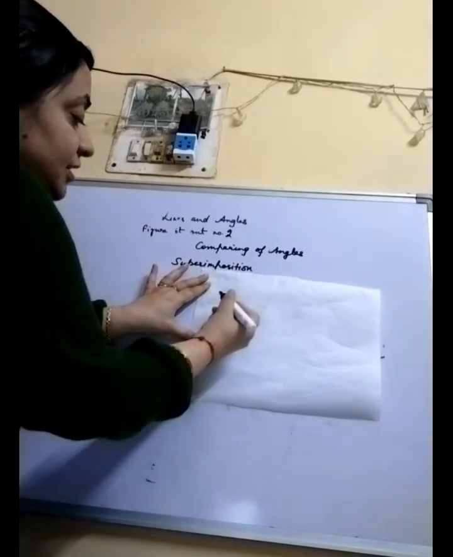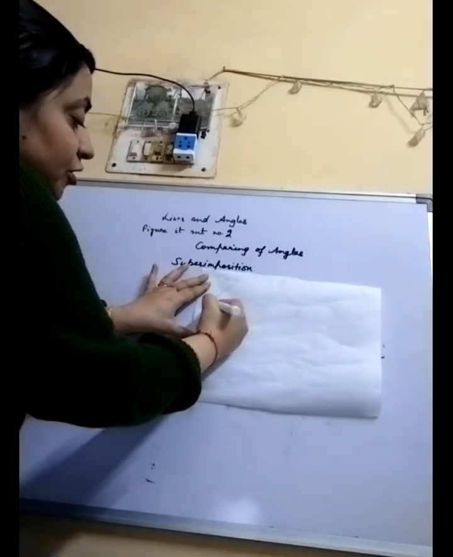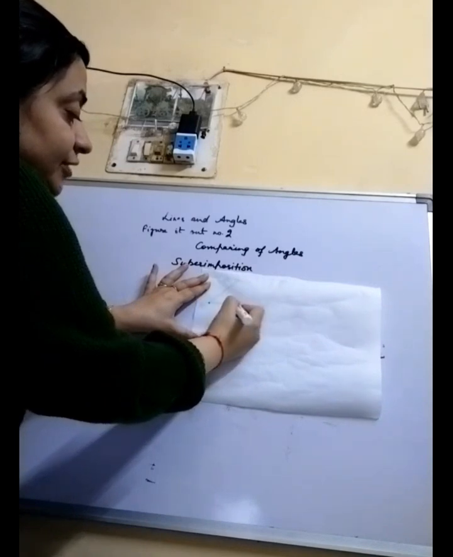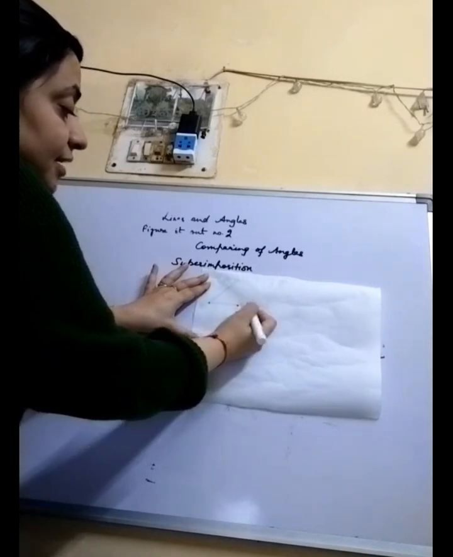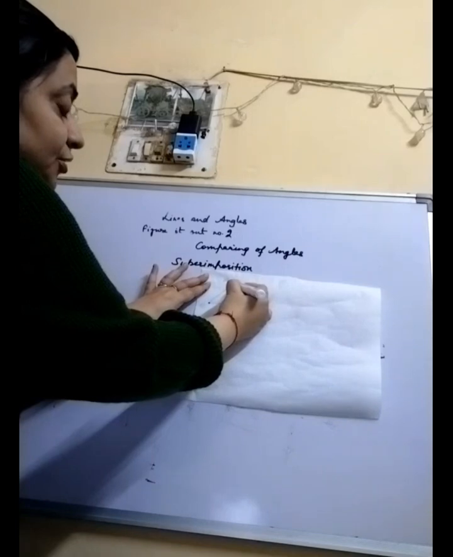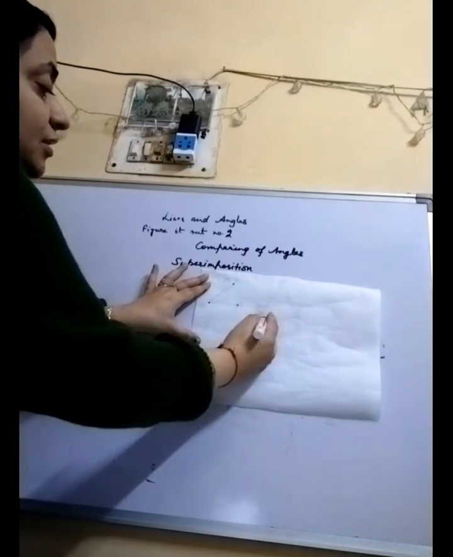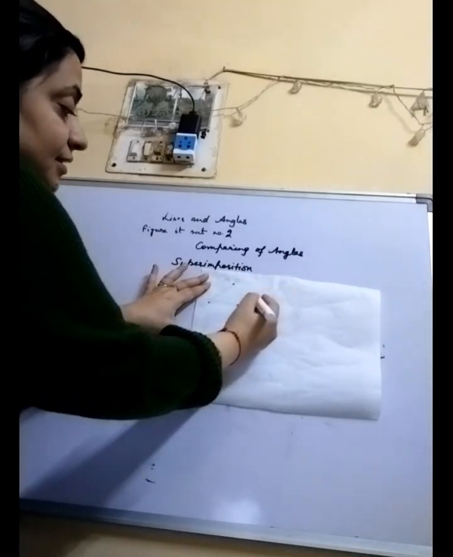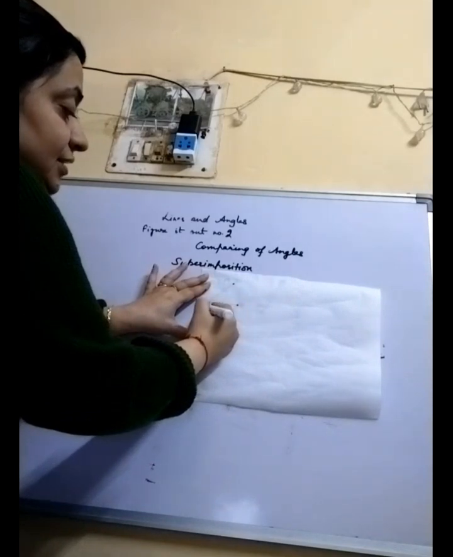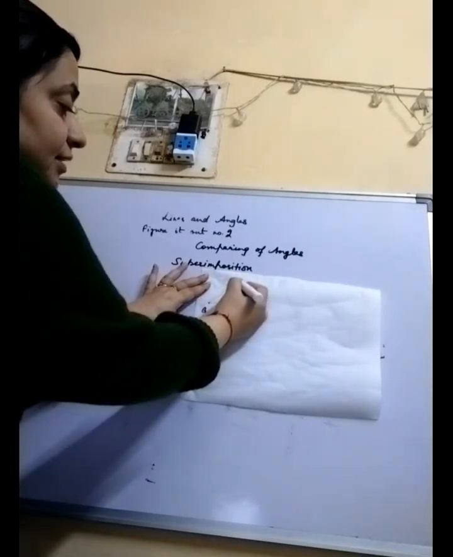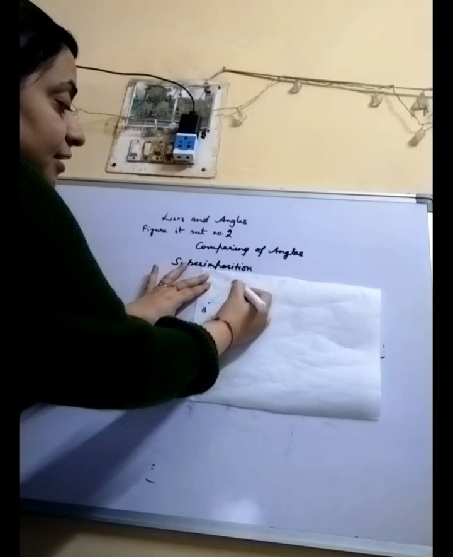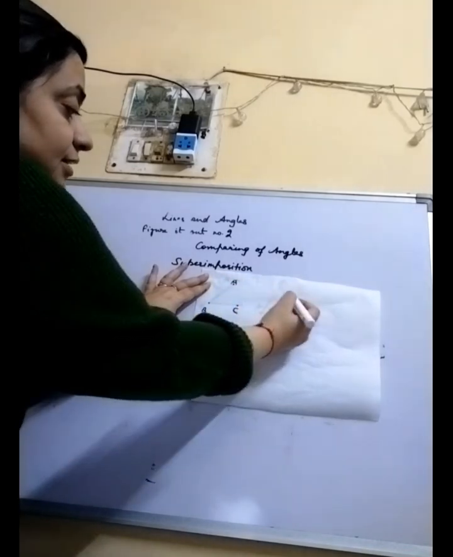So first put a dot at the vertex and at the two ends of the rays. This is for the first: dot B, dot A and dot C.